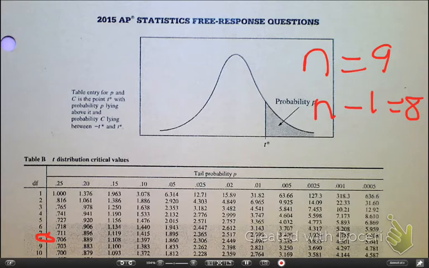And then let's say that I'm looking at a probability of 20%. So I look at this, I go down, I go over, and that 0.889 is my answer.